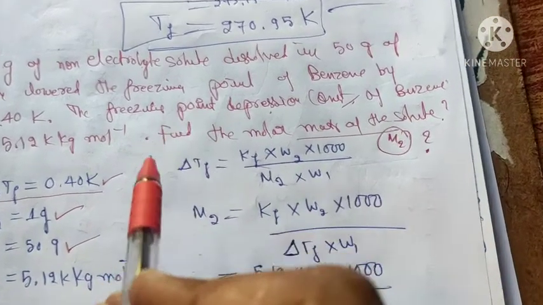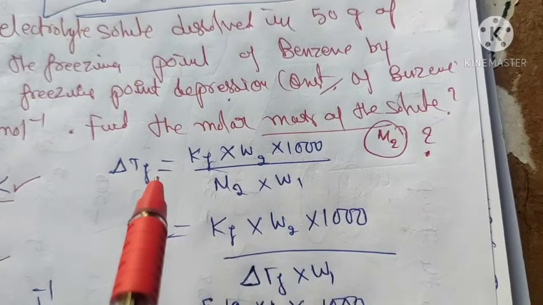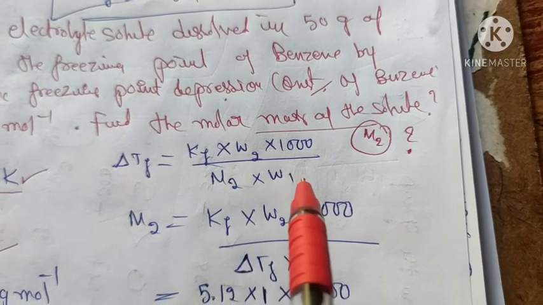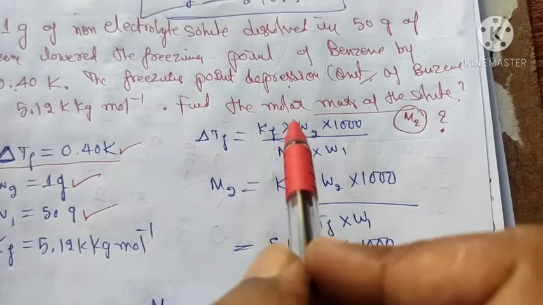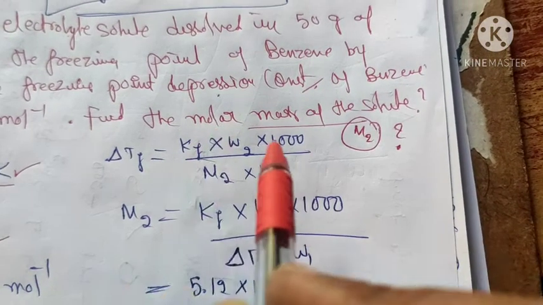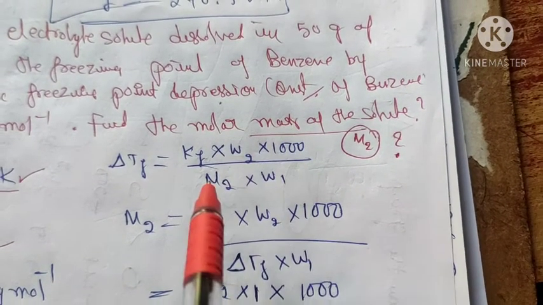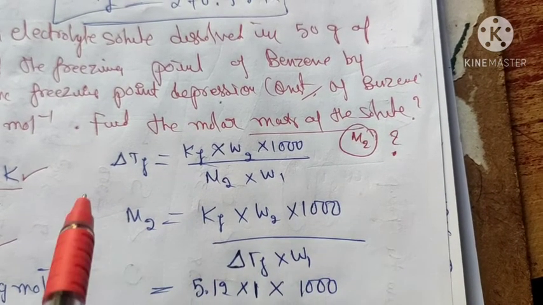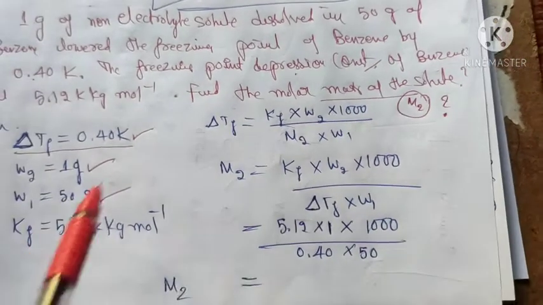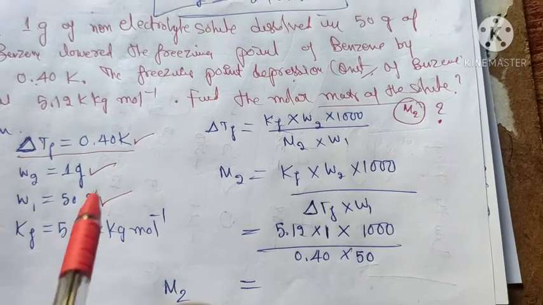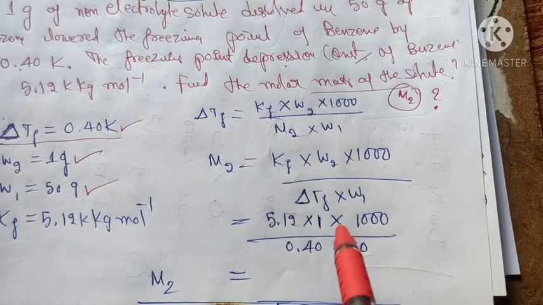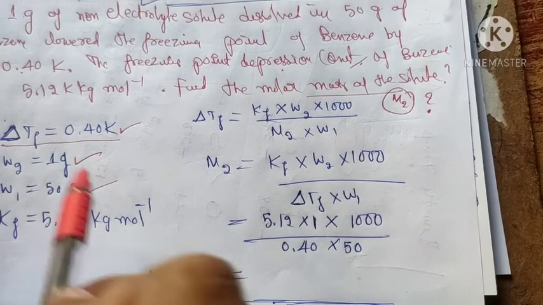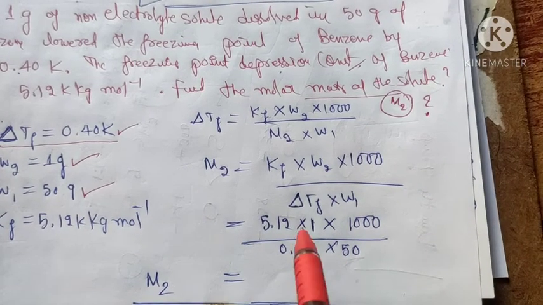Okay, so now the expression: delta TF is equal to KF into W2 into 1000 divided by M2 into W1. We know the values, and we want M2. So rearranging this equation for M2, all the values are substituted here: KF, W2, 1000, delta TF and W1.